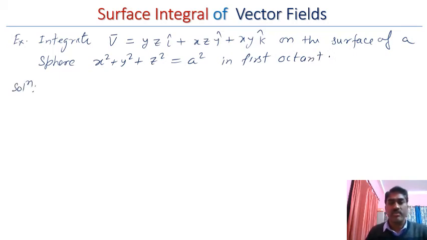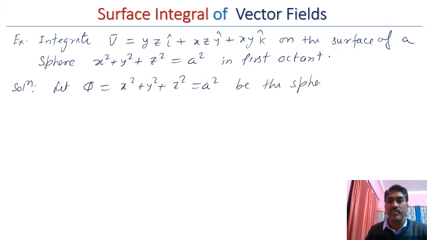So the very first thing is that we should find the unit normal to the surface, as we have already discussed. Let phi equal x square plus y square plus z square equal to a square be the surface, the surface of the sphere.